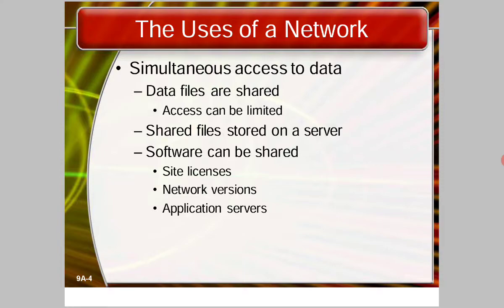Data files that are shared on a network are kept on a server called a file server. Generally we can share files from anywhere, but it is usually done on a server. Software and applications are also shared on a client server or in a network.